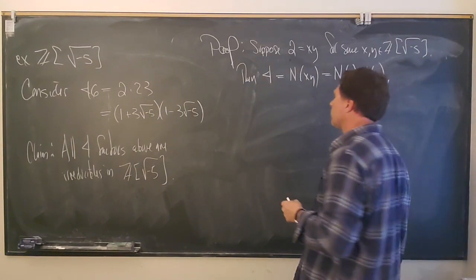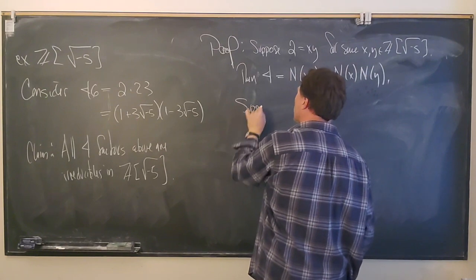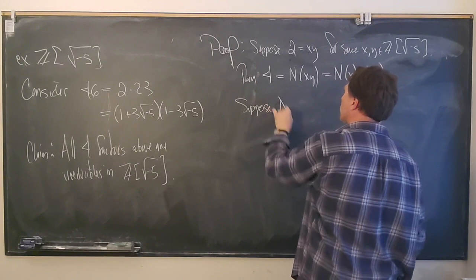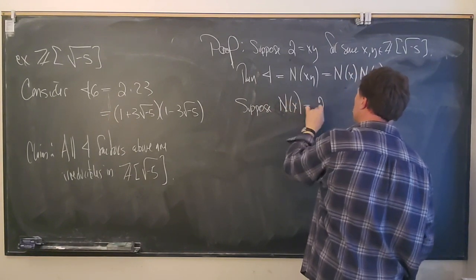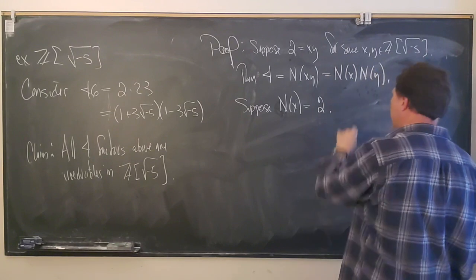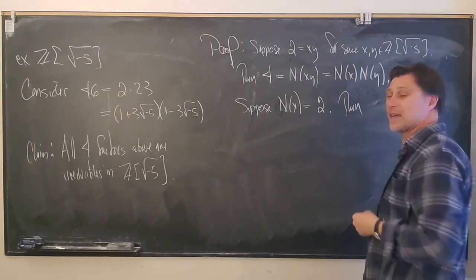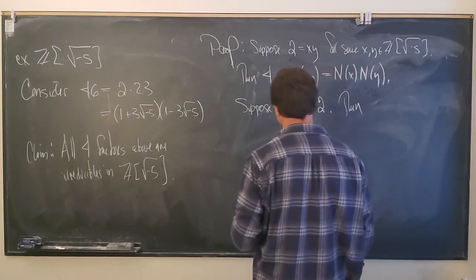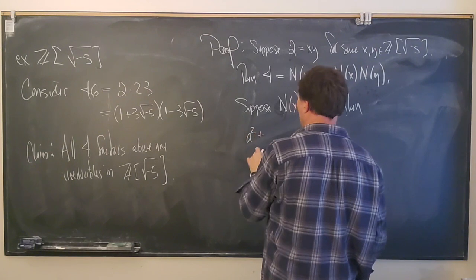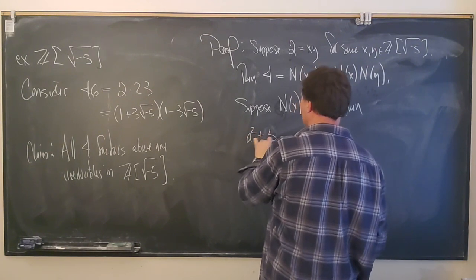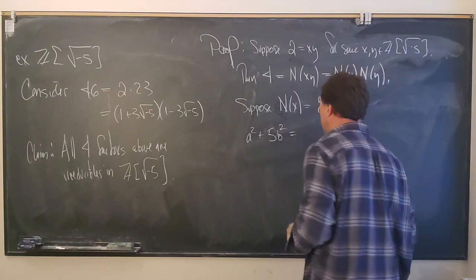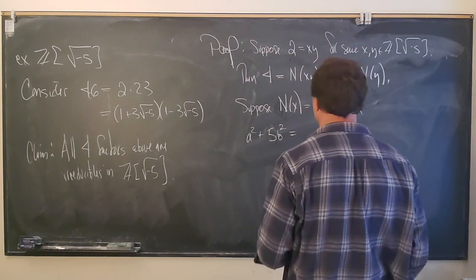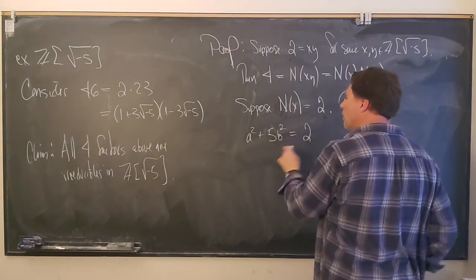So suppose the norm of x equals 2. Well, if we think of x as a plus b times square root of minus 5, then what we have is a squared plus 5b squared is equal to 2, but that's impossible, right?